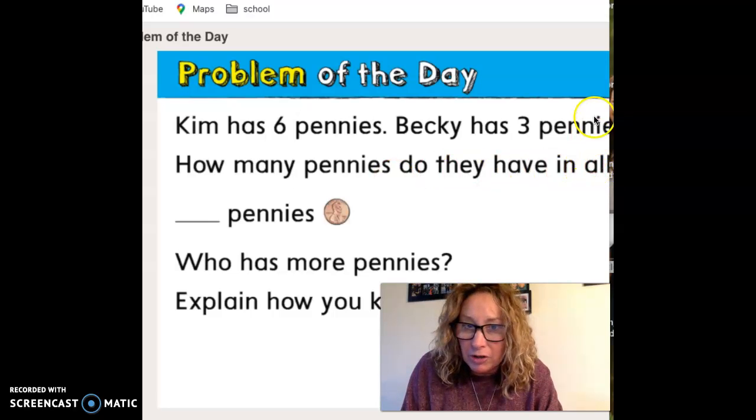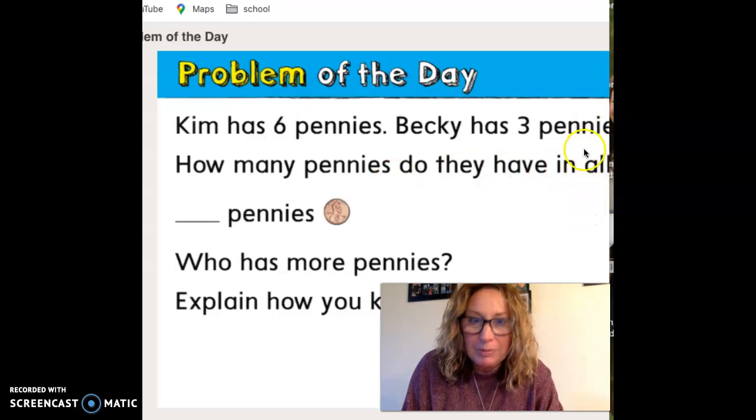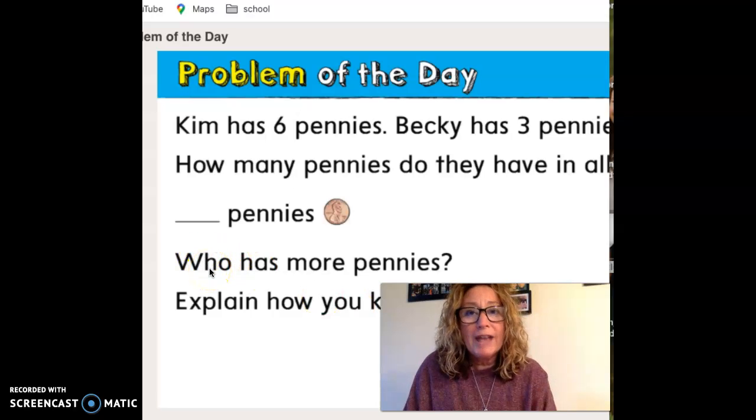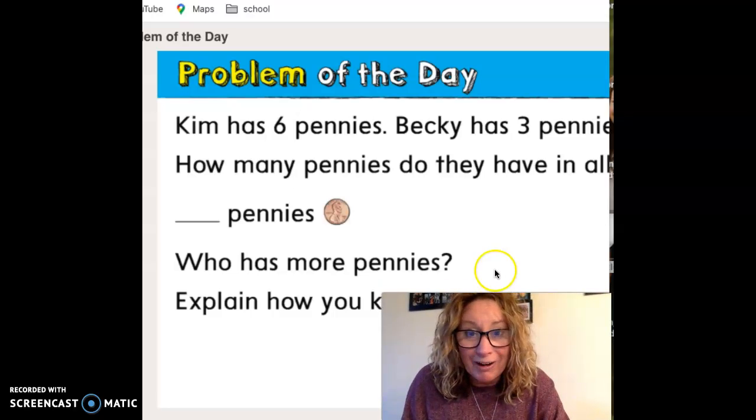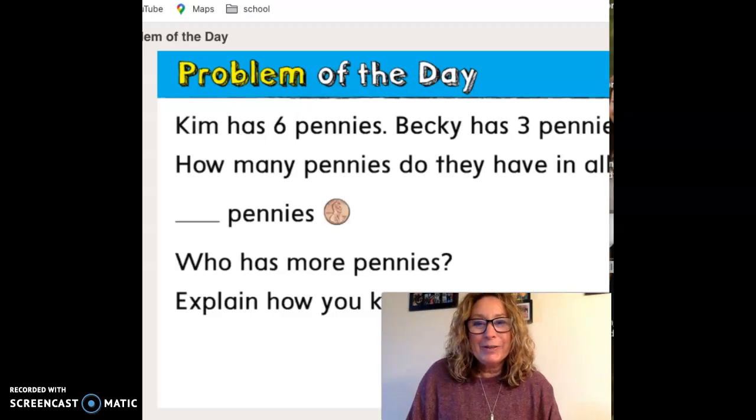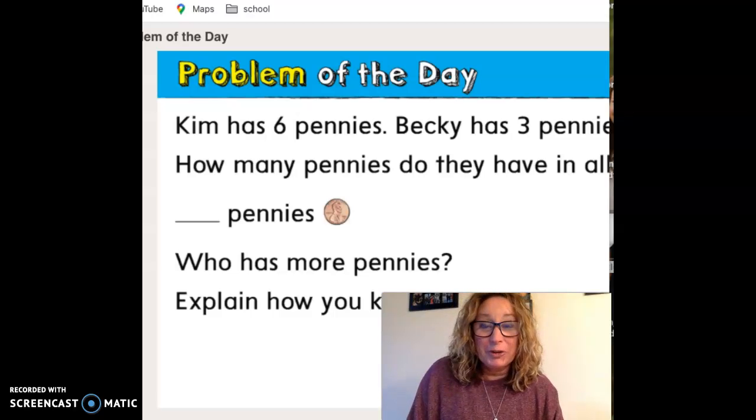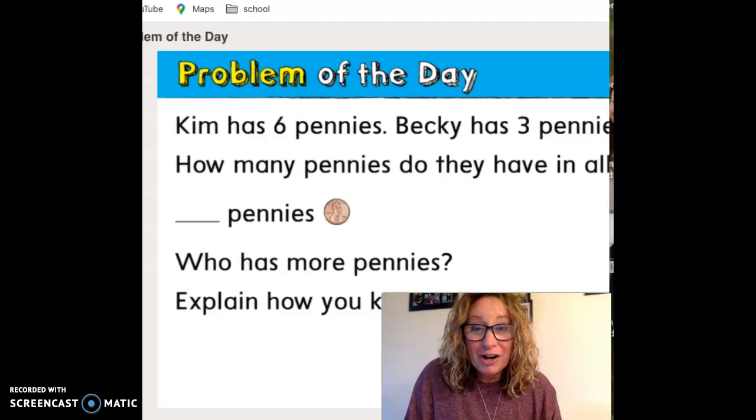I know we can't see the last part there, but how many pennies do they have in all? Blank pennies. Now, we also want to find out who has more pennies and explain how you know who has more. Okay, so I want you to start working on this. Teachers can pause the video and then you can share out your results and how you solved it.